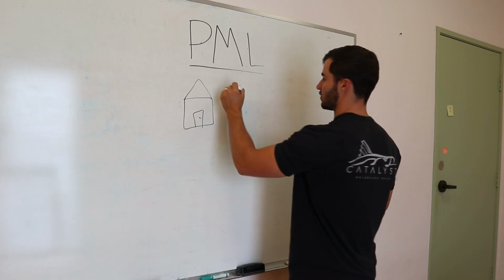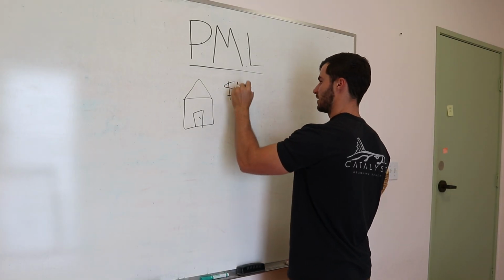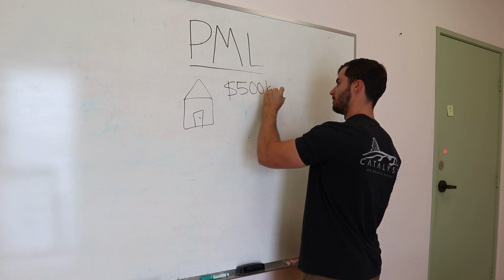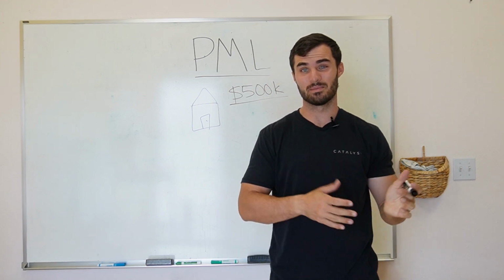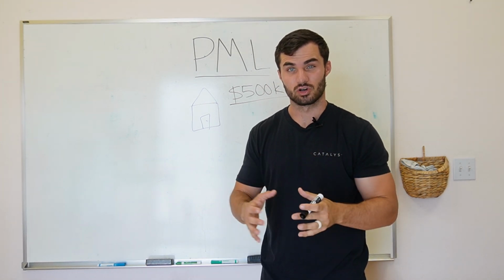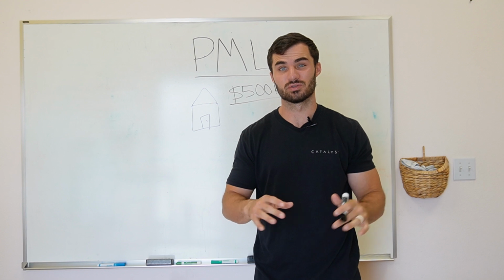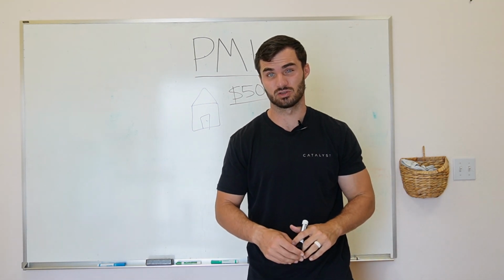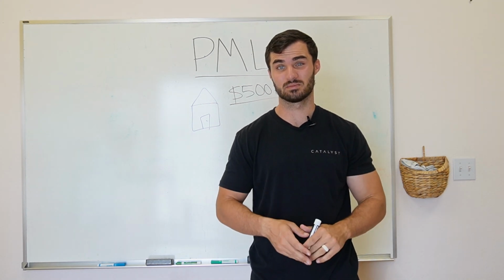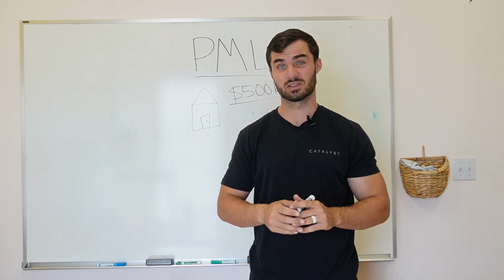But in general, if we're looking at this $500,000 house example, one of the most common ways that you will see this used is when somebody wants you to lend them money longer term. That is the most common use of a private money loan. So to recap, we've done less than 24 hours for transactional loans. We've done approximately 30 days for EMD. We've done 3 to 6 months for gap lending.